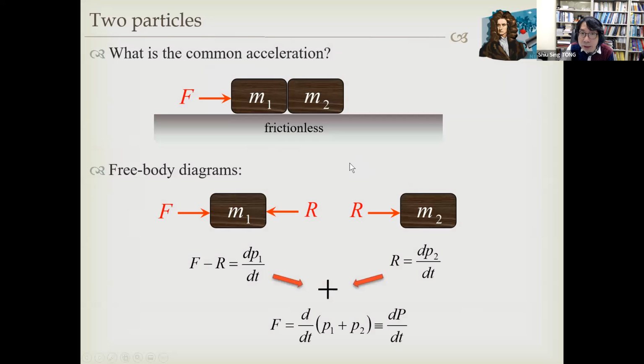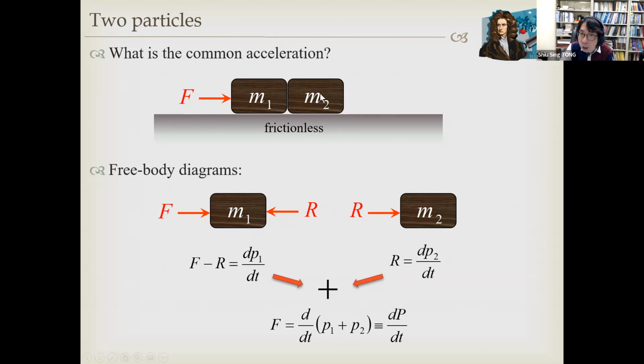Now let's talk about the system of two particles before letting you go. This is quite interesting as it is closely related to Newton's second law and third law. Let's consider a very simple situation of two blocks moving together along a frictionless table, and block 1 is being pushed by force F. We draw a free-body diagram of the two blocks.